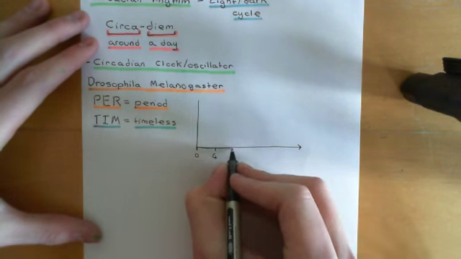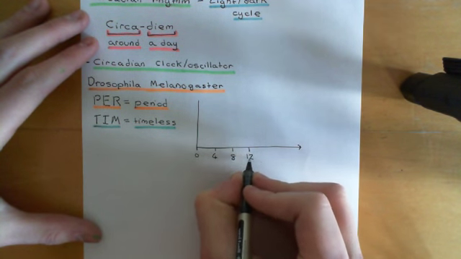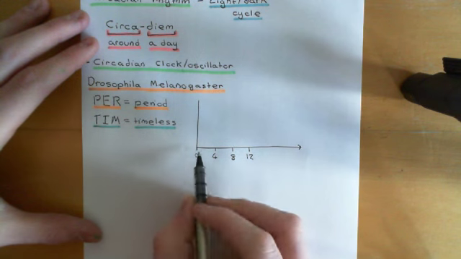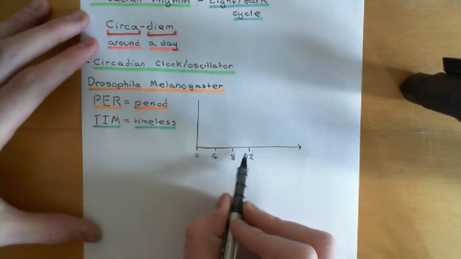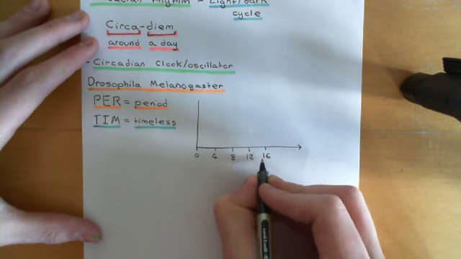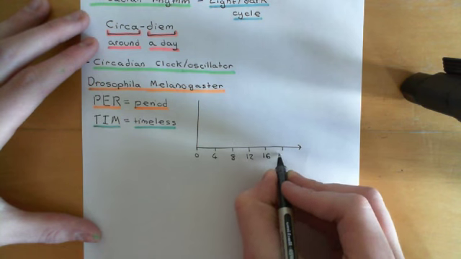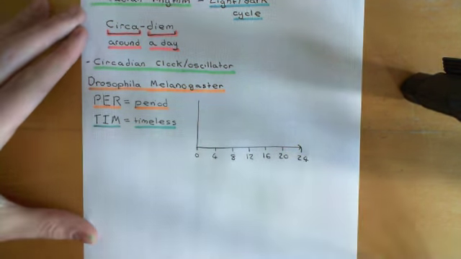On the x-axis I'm going to have time, and we'll be going up in sets of 4 hours. So this is midnight, 0 a.m. in the morning, 4 a.m., 8 a.m., 12 o'clock midday, then 4 o'clock in the afternoon, 8 o'clock in the evening, and then back to midnight over here.